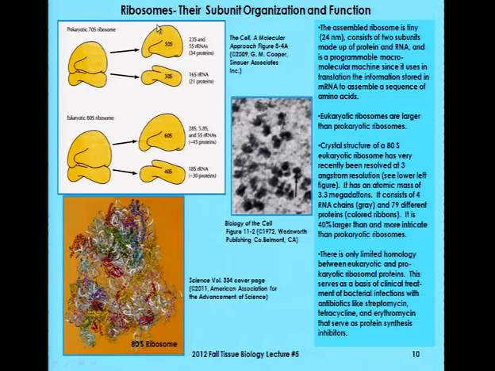Now, properties of ribosomes are summarized in this slide. The assembled ribosome is actually quite a tiny structure. It's only 24 nanometers in size, and it consists of two subunits. In prokaryotic ribosomes, as well as in eukaryotic ribosomes, there are two subunits. In the eukaryotic ribosome, the ribosome is larger. It has more associated proteins and additional ribosomal RNA.